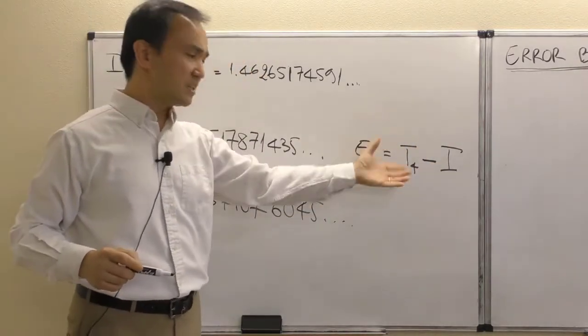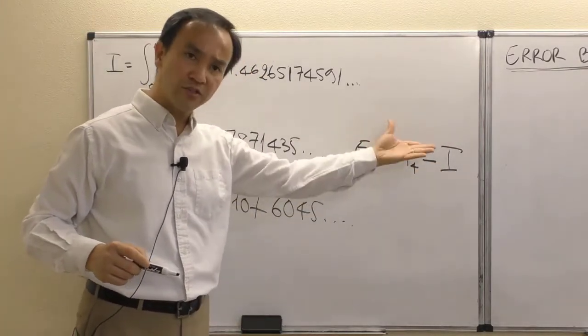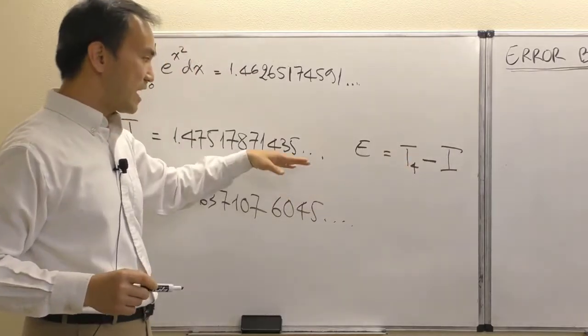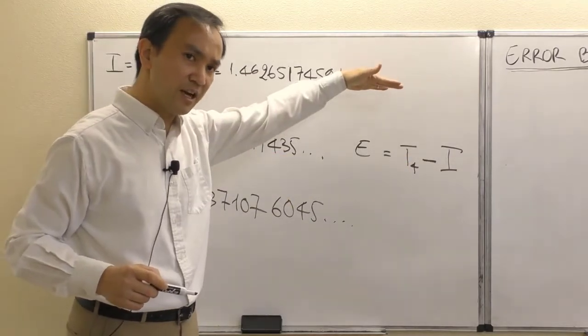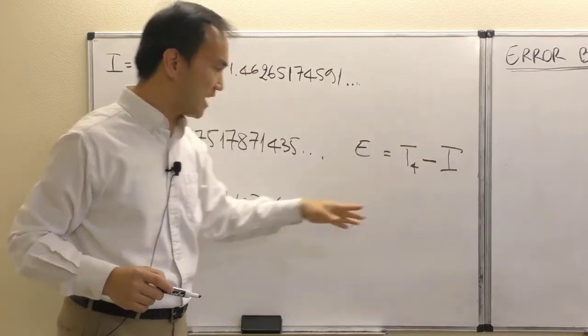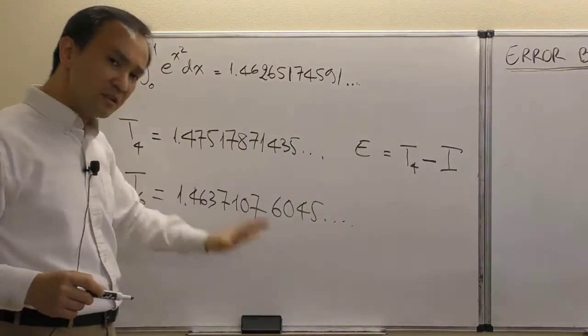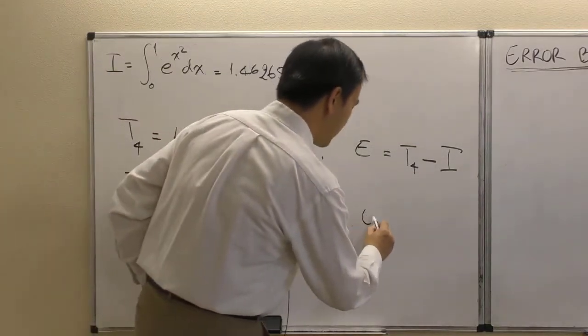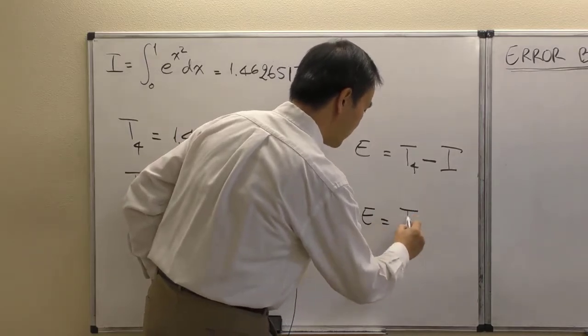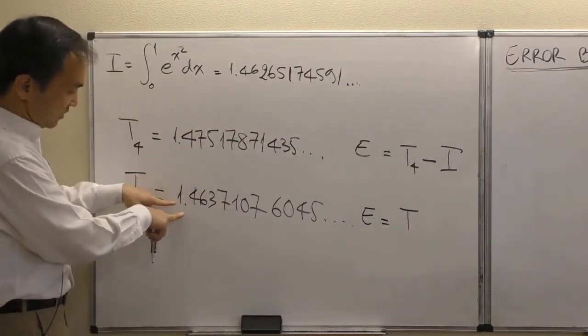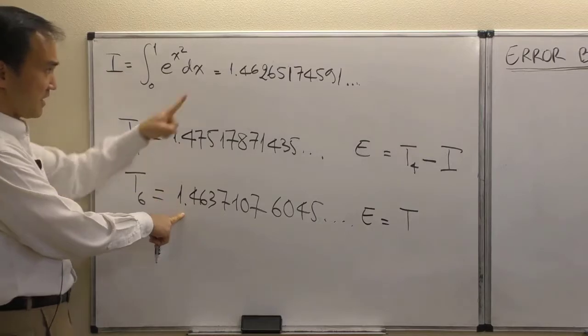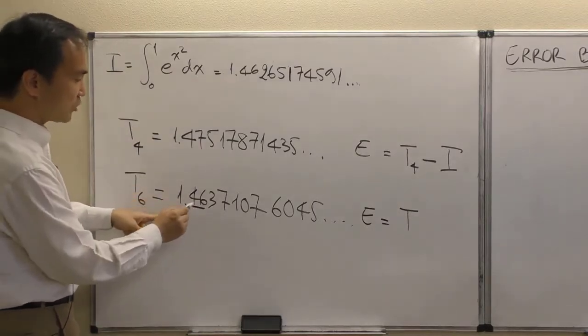So in this way, error can be positive or negative, depending on whether our approximation is slightly above the actual answer or a little bit below. In any case, with T4 we got closer, within 2 decimals.